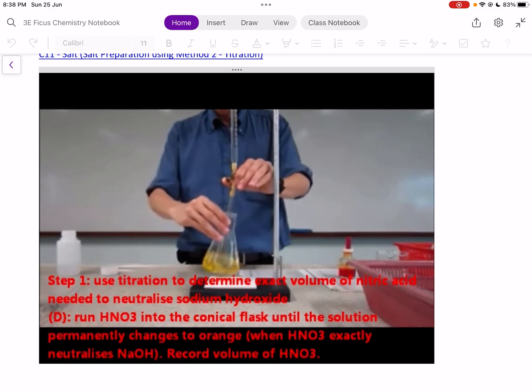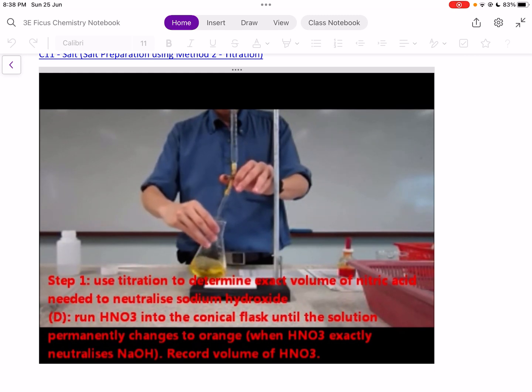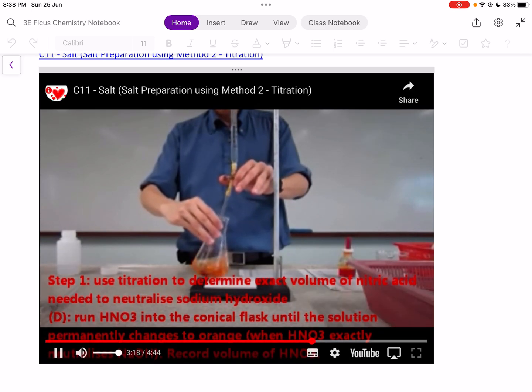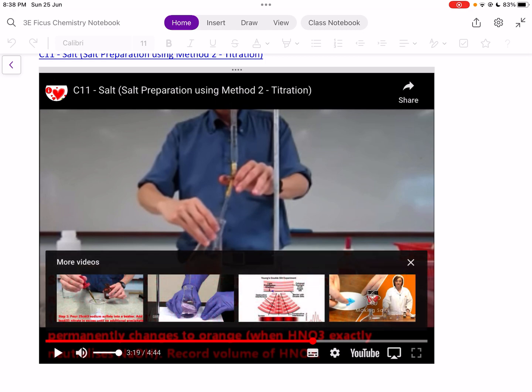Once it is neutral, you record the volume of nitric acid needed to neutralize the sodium hydroxide. The sodium hydroxide is 25 cm cube. See, it changes to orange. You add the nitric acid slowly until one drop changes the methyl orange to orange.